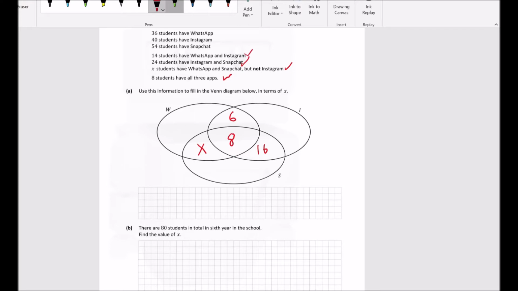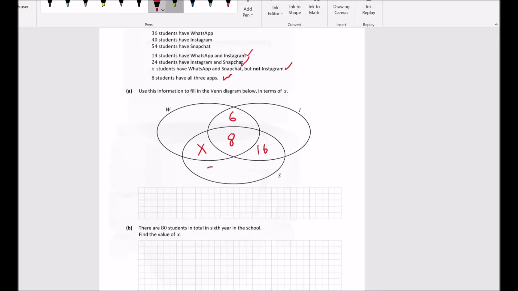54 students have Snapchat. 54, but we're already after counting 8 of them and 16 of them and X of them. So that's 24.